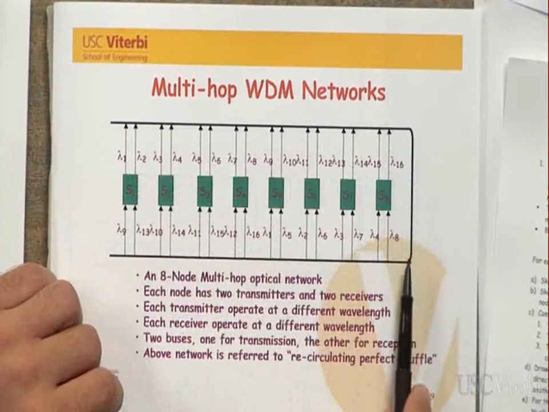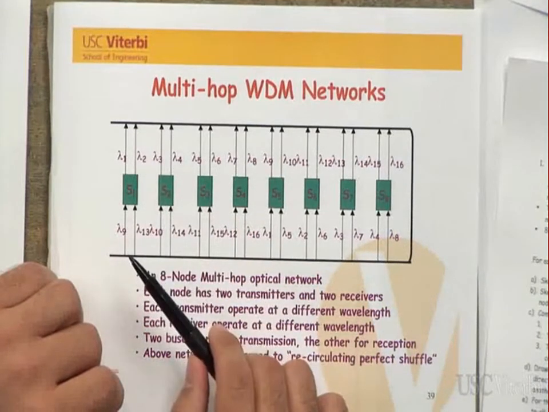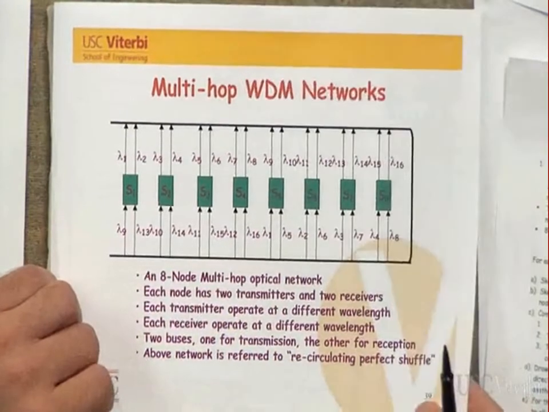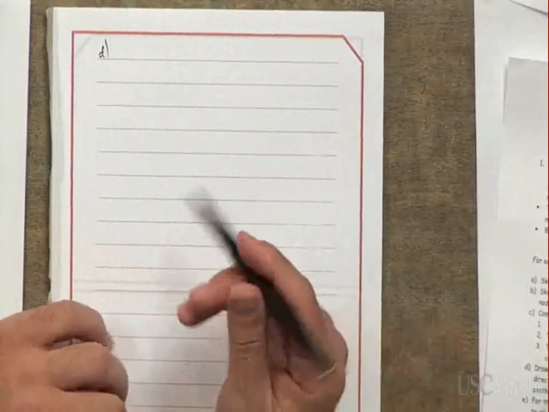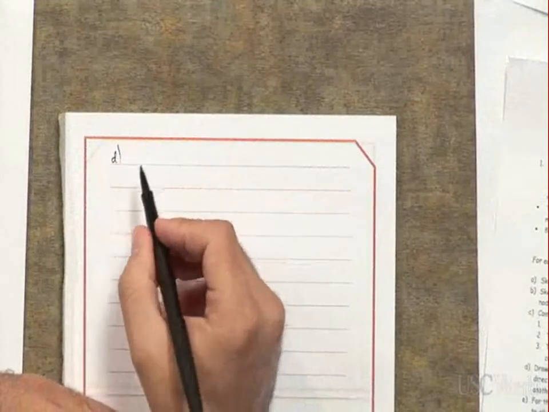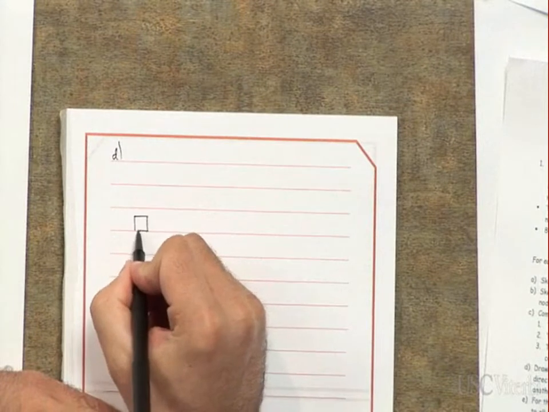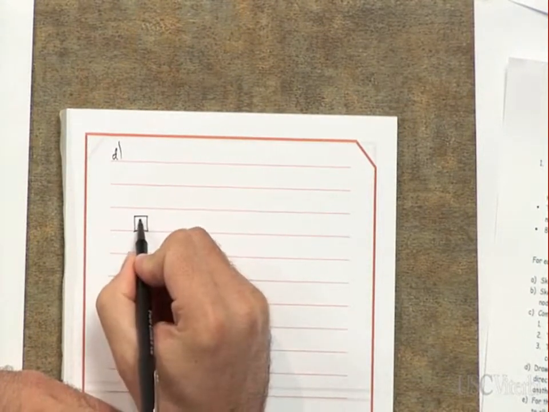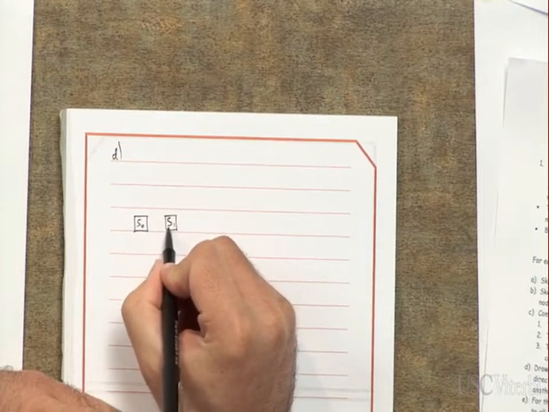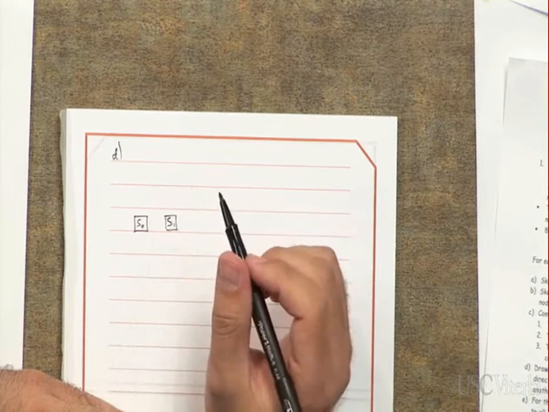This bus connects the output to the input. Okay? And let's see how we can do that. I'm going to draw the same thing. You can use whatever numbering you want.